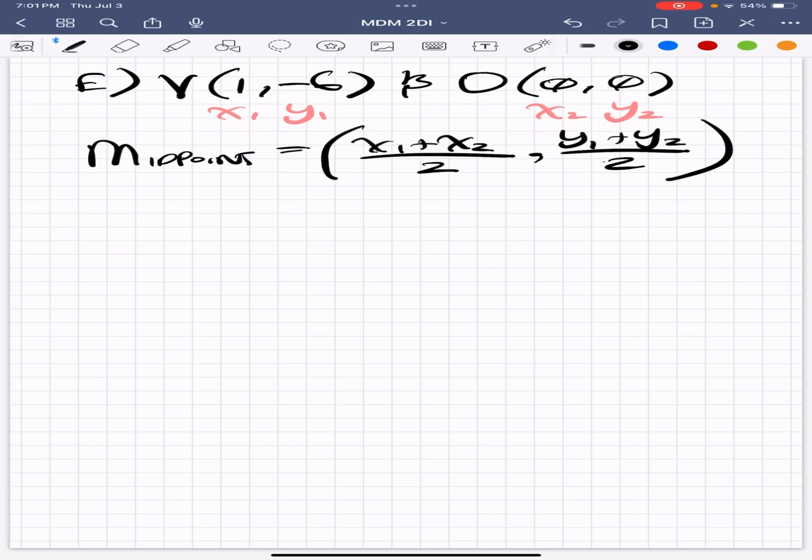And now we have points V and O, and we are doing 1, -6, and O being 0, 0. We have the formula for the midpoint. Let's go to pink. So we have V and O. We'll color it up afterwards, highlight the important things.